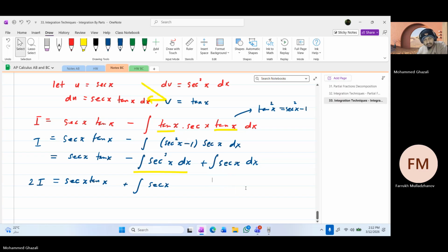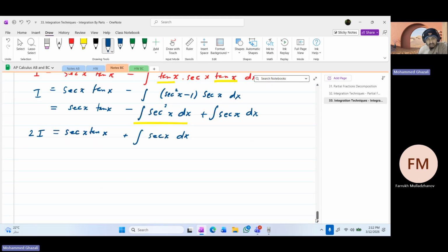Right, so I'm not done with this integral, because I need to find the integral of sec x dx. The integral of sec x dx is equal to the integral of sec x times (sec x plus tan x) over (sec x plus tan x) dx. You have to use a trick like this.